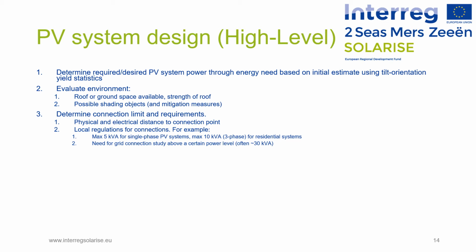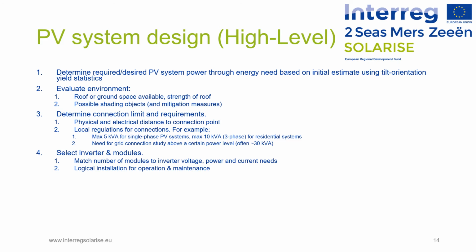And you need a grid connection study above a certain power level, which is often around 30 kilowatts. You then select the inverter and the modules. There you need to match the number of modules to the inverter voltage, power, and current needs. And you look at the logical installation of those modules and inverters for good operation and maintenance.